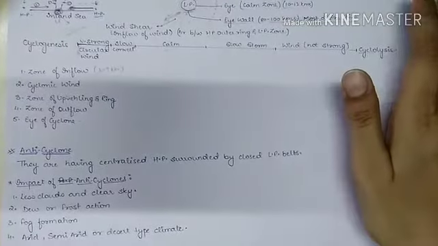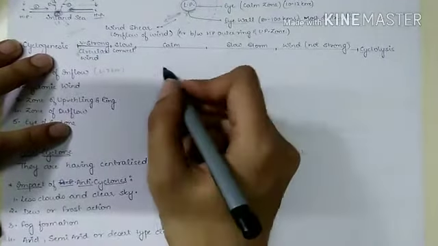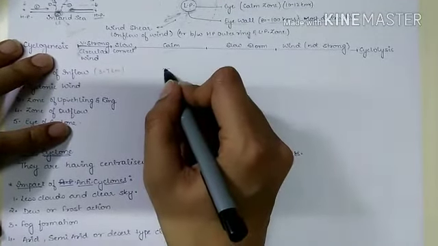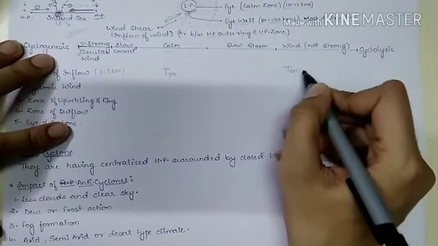Now we will look into basic differences between temperate and tropical cyclones. So here we have tropical cyclone, while here we will have temperate cyclones.